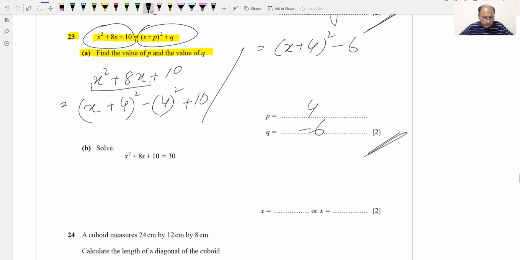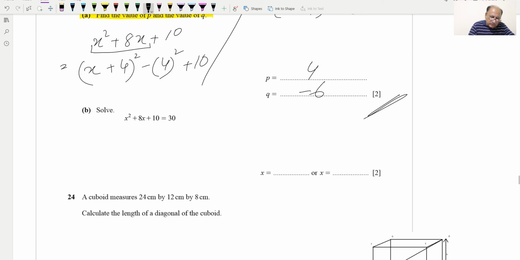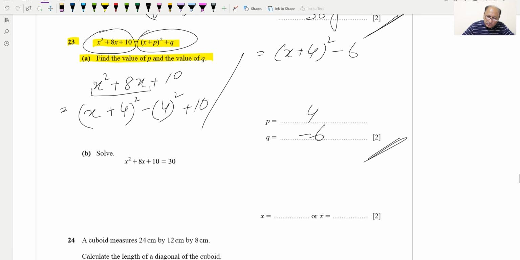Hopefully you understood this. Now solve this equation. We got this completing the square equation, so we can utilize it: x plus 4 squared minus 6, instead of this one, is equal to 30. So we can shift this minus 6 to the other side.